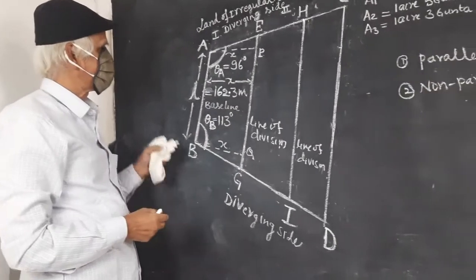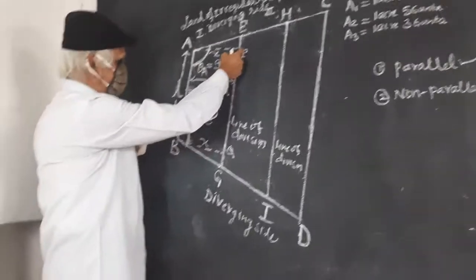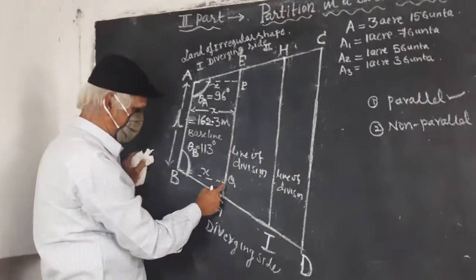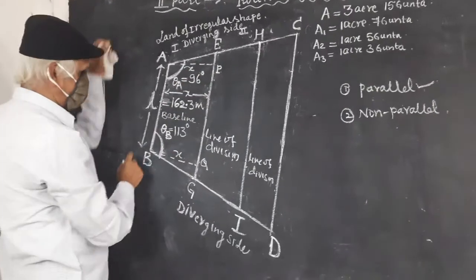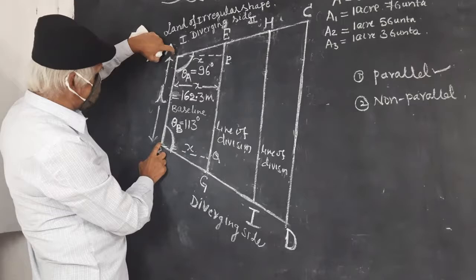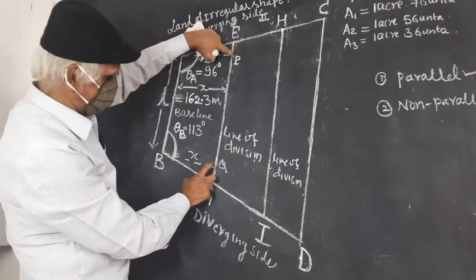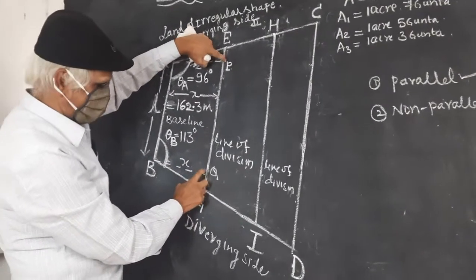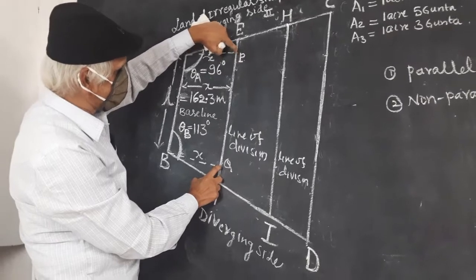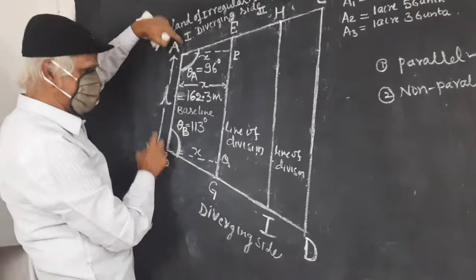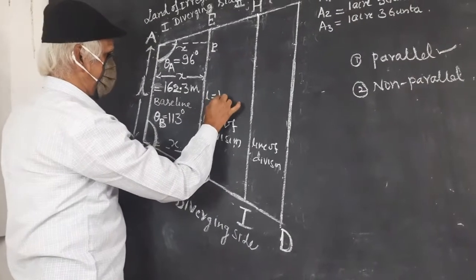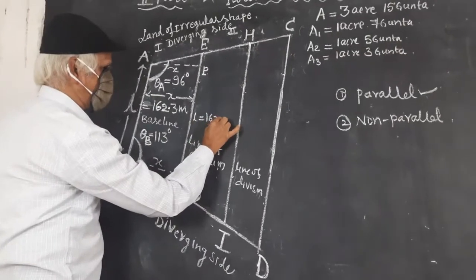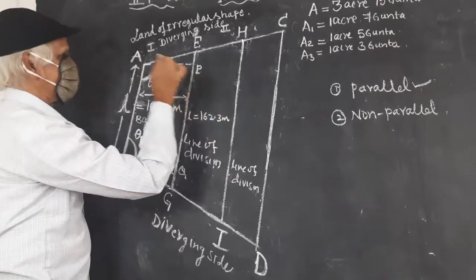Next, AP and BQ are again parallel to one another. Therefore, the length AB is equal to length PQ. Or in other words, the length of PQ is equal to AB. Hence, this is equal to L, that is 162.3 meter.